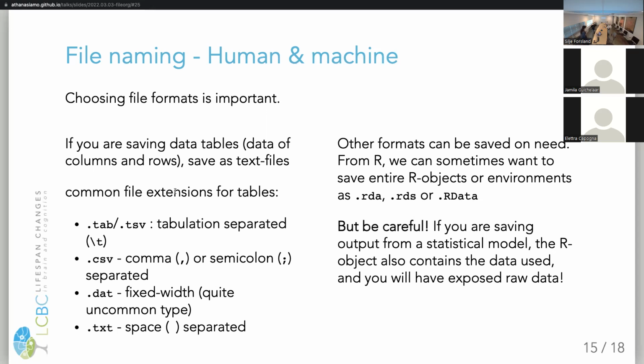We have ways of removing the data from those objects, so there are ways around that and still actually sharing the R object. That is fine. But just be careful and think about it before you do something like that. And if you've already done it, don't panic. Let me or Ingen know, there are ways of purging history from Git so we can fix it.